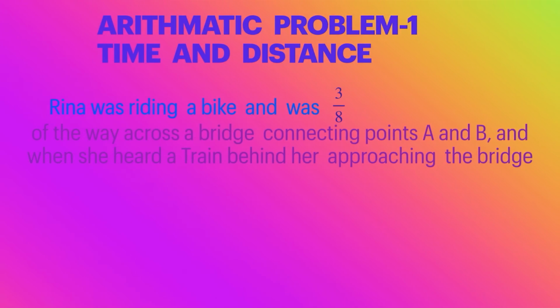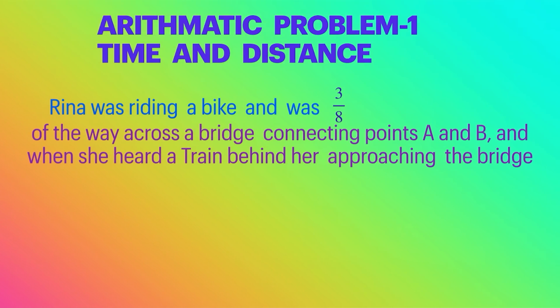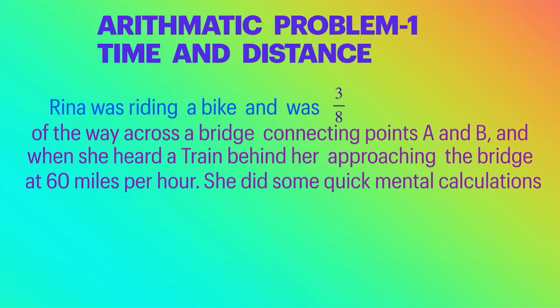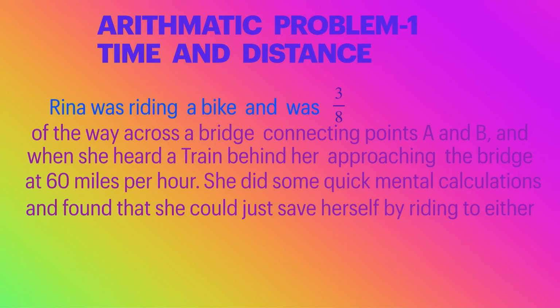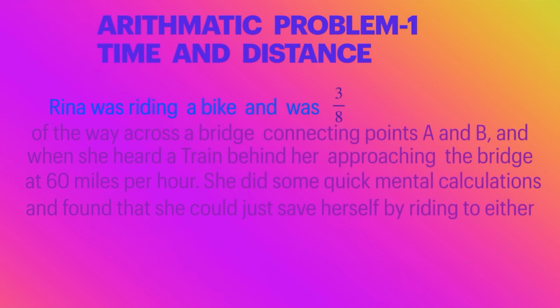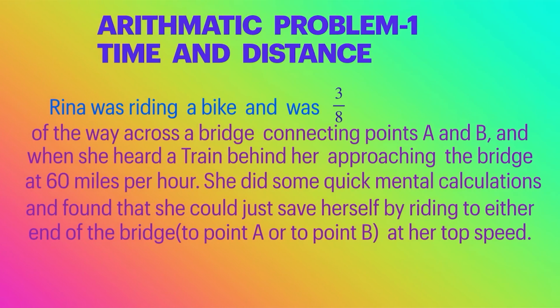when she heard a train behind her approaching the bridge at 60 miles per hour. She did some quick mental calculations and found that she could just save herself by riding to either end of the bridge, that means to point A or to point B, at her top speed.